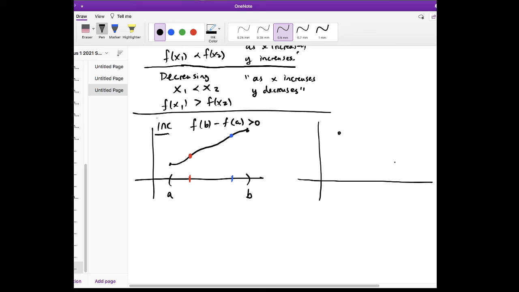So similar for decreasing. If you pick any two x values and compare their y values, let's say this is f of x2, that's f of x1.